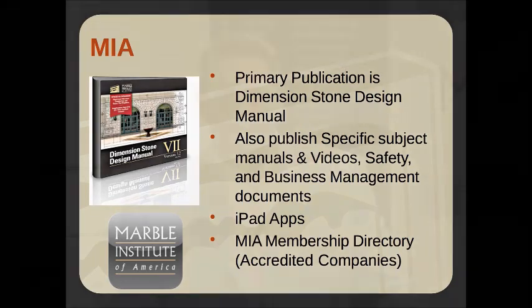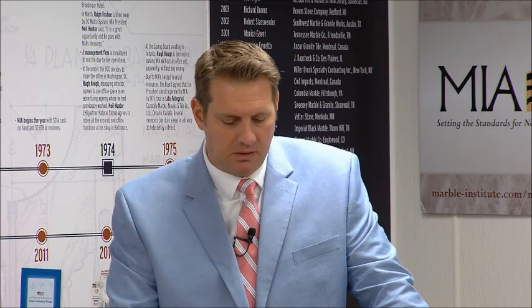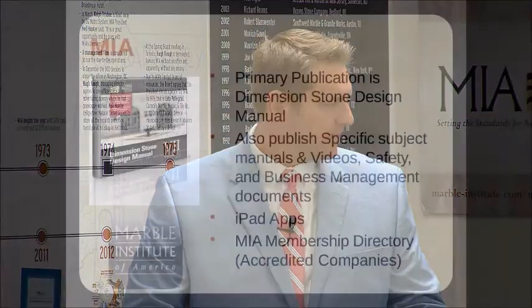I have one on my iPad. I use it all the time. It's got all the latest publications. It's got the DSDM on it. There's, for example, the North American Stone app. There are certain quarries that are participating in that, and you can identify where those quarries are located. If you have, for example, a project that's LEED driven and you need to find a quarry that's local and regional.